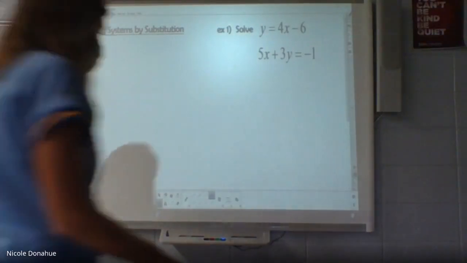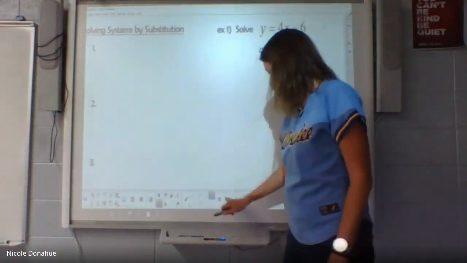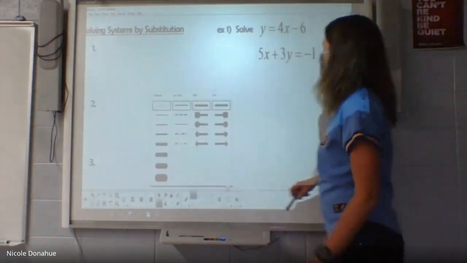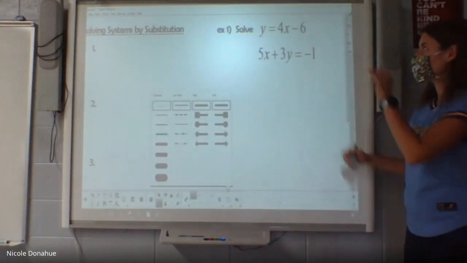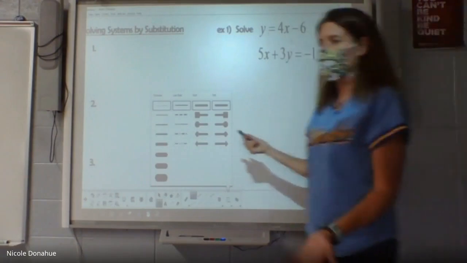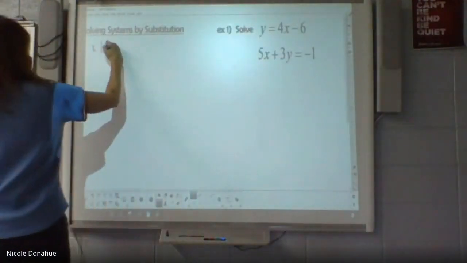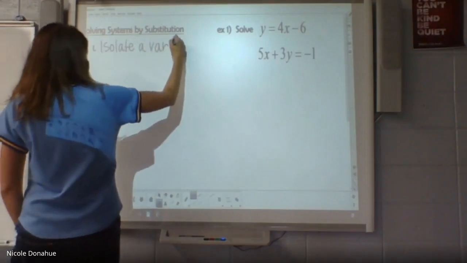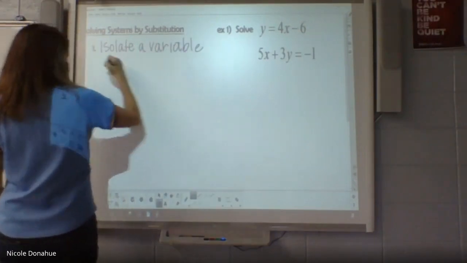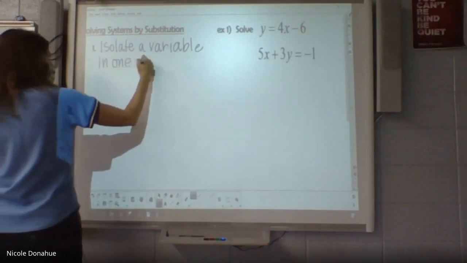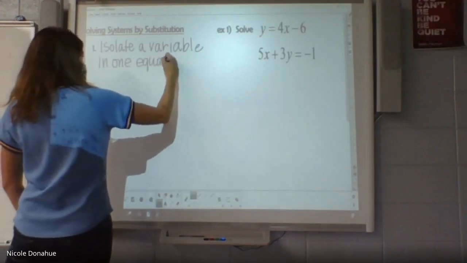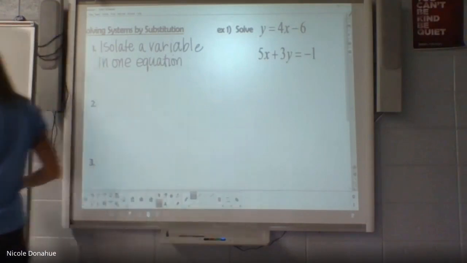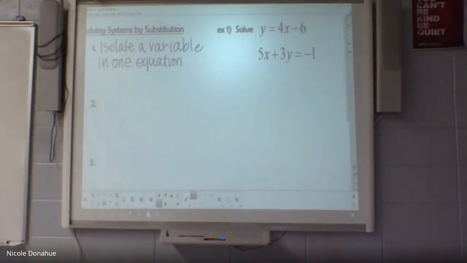So what we want to do first, if we're solving by substitution, is get at least one variable alone in one of the equations. So in this case, we have already.